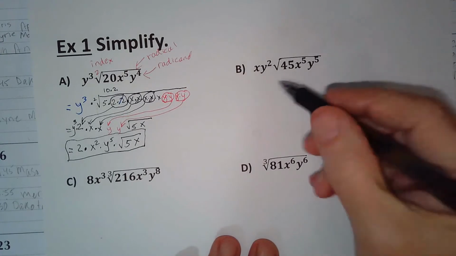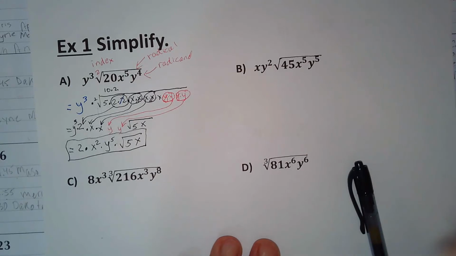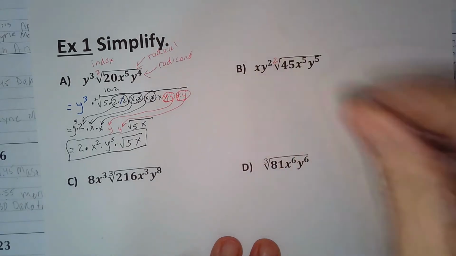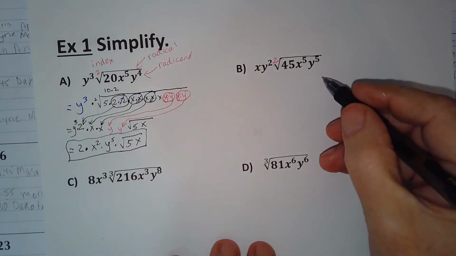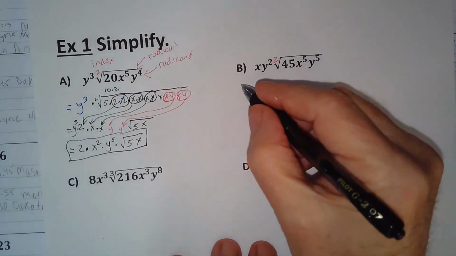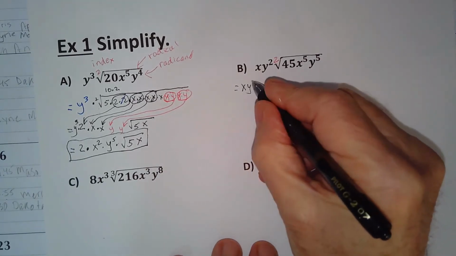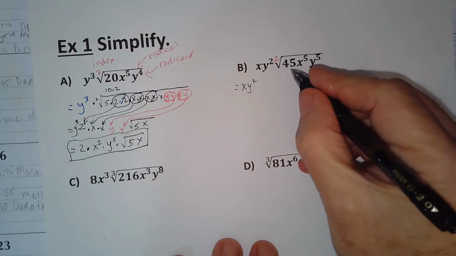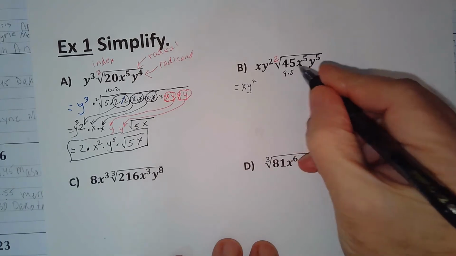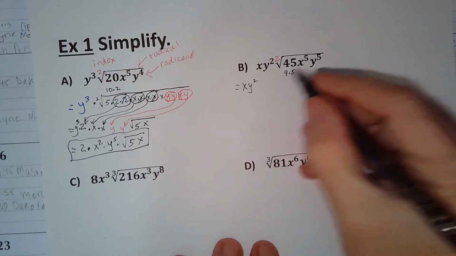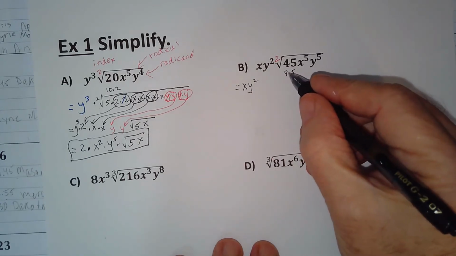So the second one, we have an x and then we have a y squared. And then again, this is going to be the square root of 45 x to the 5th, y to the 5th. All right. So again, let's write our xy squared first. And then, let's see, 9 times 5 is 45. So we're going to put 9 times 5 here. And we know that 9 is 3 times 3.